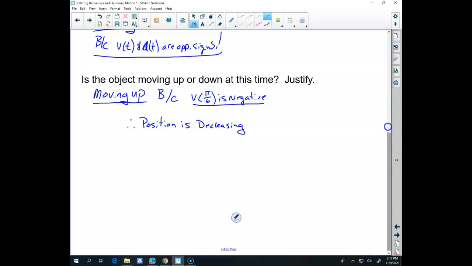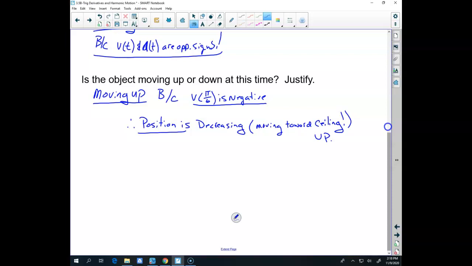Because my derivative's negative only when its original function was decreasing. And if the position is decreasing, it means it's moving toward the ceiling, which is up. Okay? Ceiling is the point of reference. The object is moving towards the ceiling, and that's what I'm looking at there.